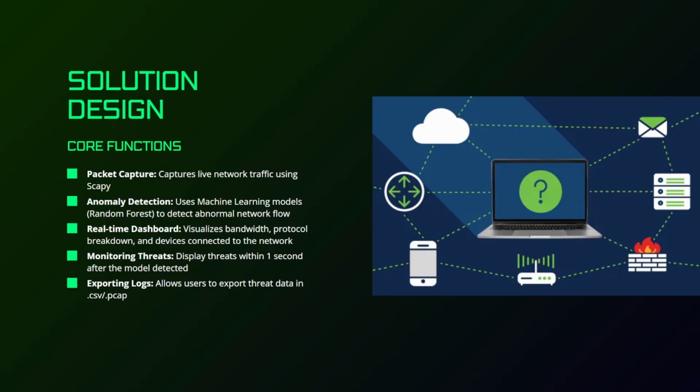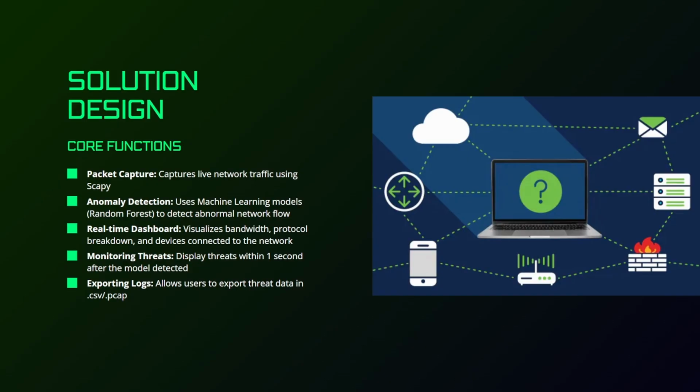The solution design consists of five main functions. The first one is packet capture. The backend uses Scapy to capture live network traffic for analyzing, extracting the information needed to be displayed on the dashboard. The dashboard shows charts and tables to visualize data like bandwidth, protocol breakdown, and devices connected to the network, based on the results that the backend sends in real time, so that users can always stay up to date with the network status.